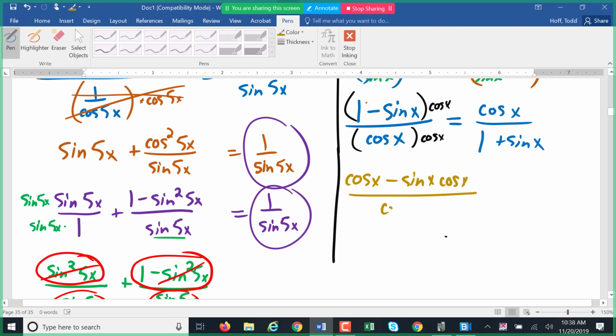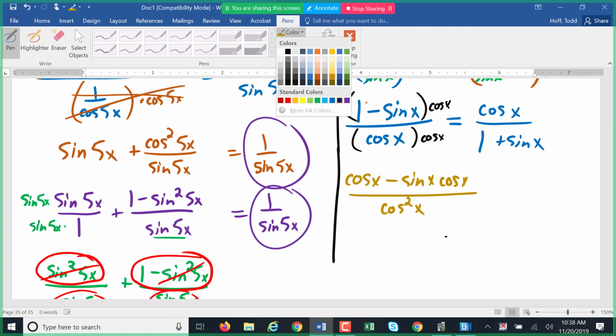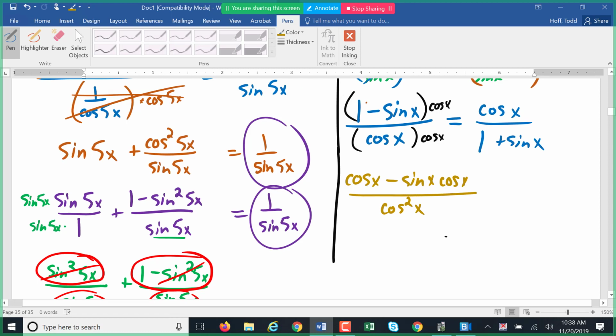On bottom, it gives me cosine squared of x. Now the reason I'm doing that is because now I can replace cosine squared of x. So I'm going to keep the numerator. Cosine squared of x is going to be replaced with 1 minus sine squared of x. Still trying to figure out if that does us any good.